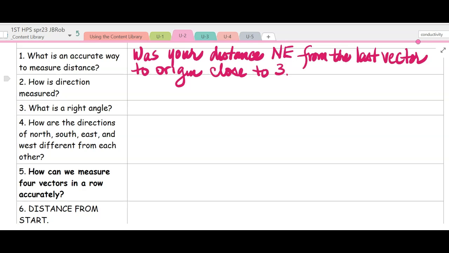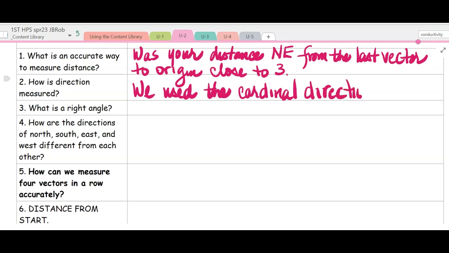How is direction measured? We used the cardinal directions of north, south, east, and west. They're called cardinal directions. What is a right angle?